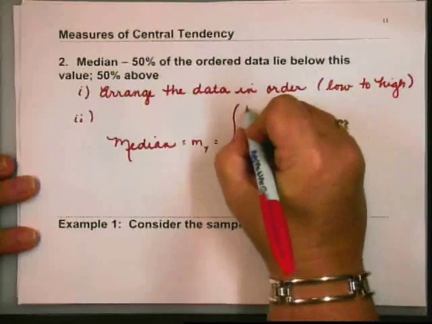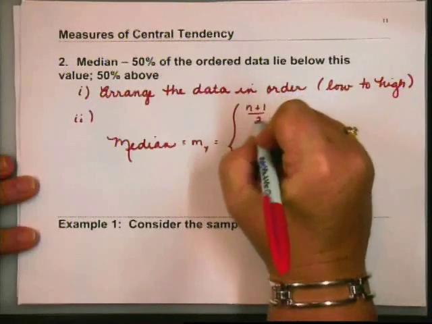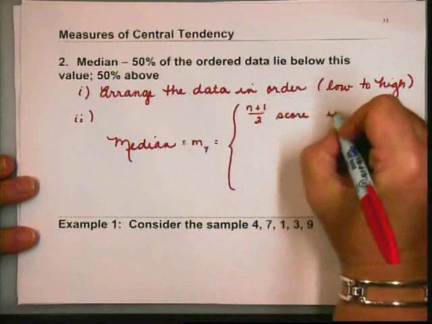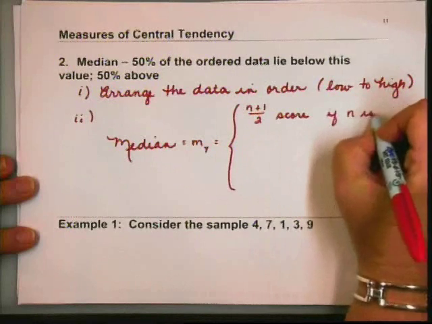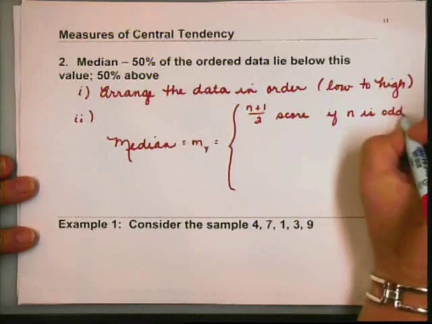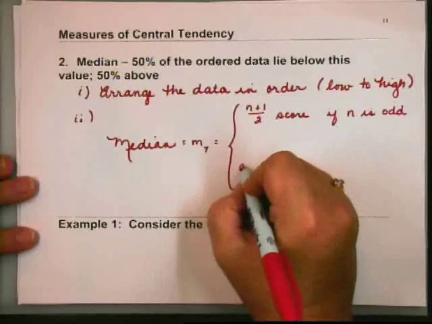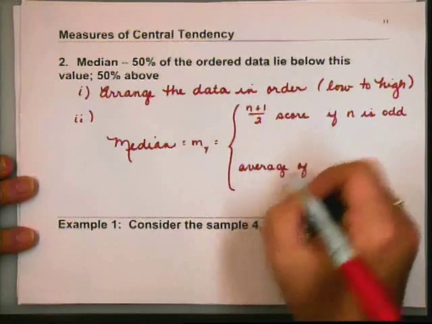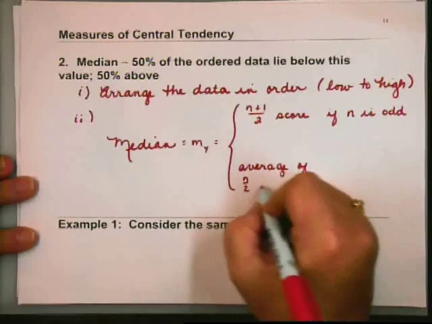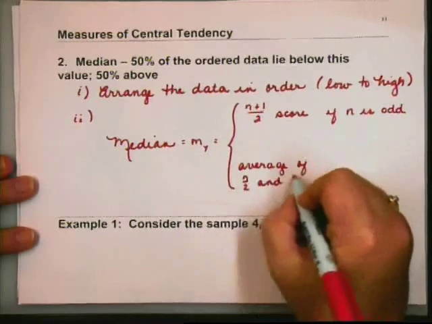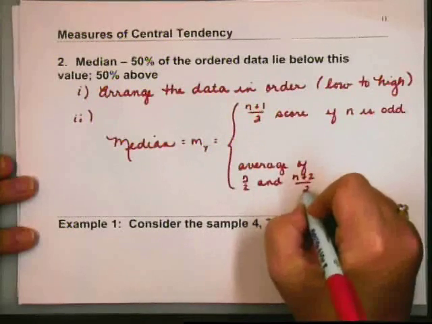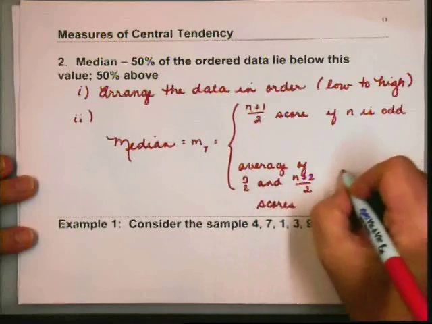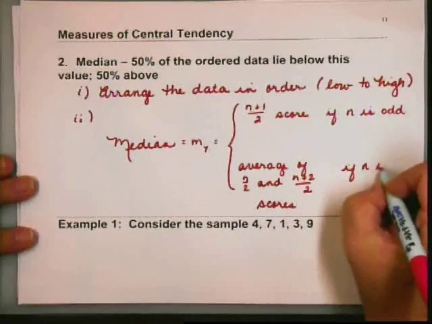It's the lowercase n plus 1 over 2 score if n is odd. And it is the average of the n over 2 score and the n plus 2 over 2 score if the sample size is even.